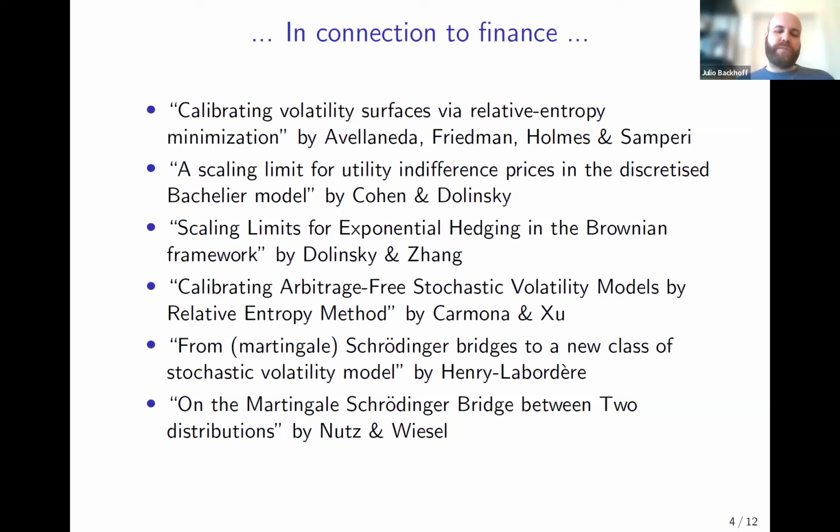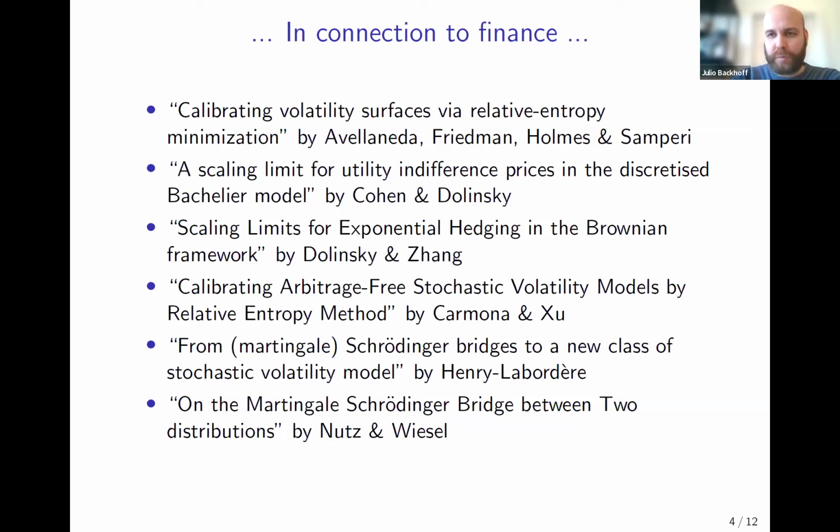And I finally want to mention this work of Nutz and Wiesel. So they will also be solving, as I will do later, a problem of entropy minimization, but only in discrete time, given marginal information, given information of option prices at initial and terminal times, but in discrete time.